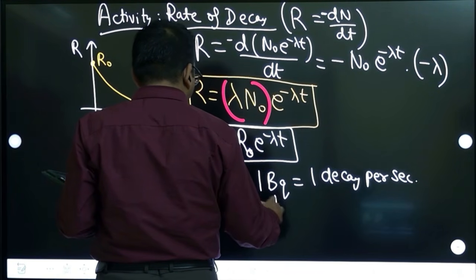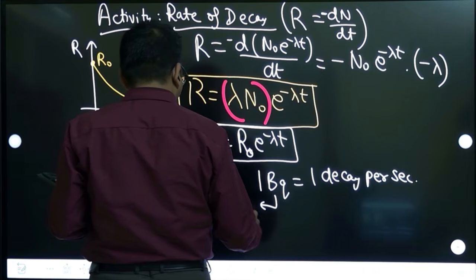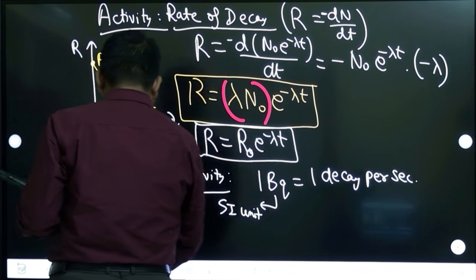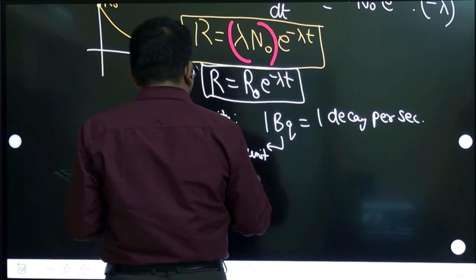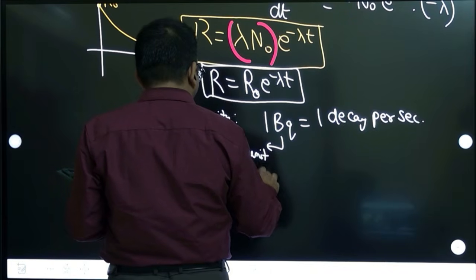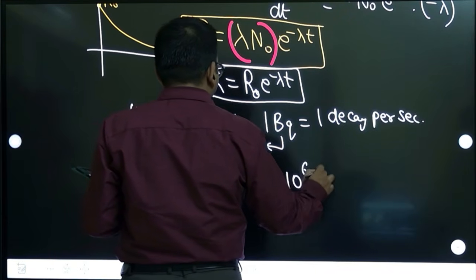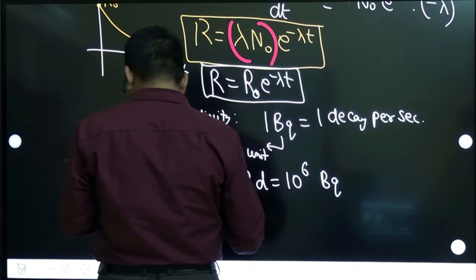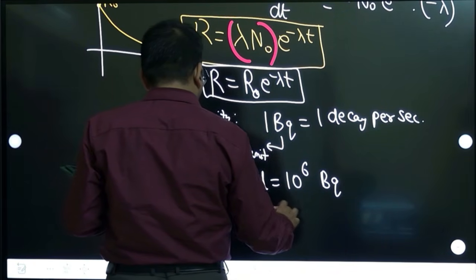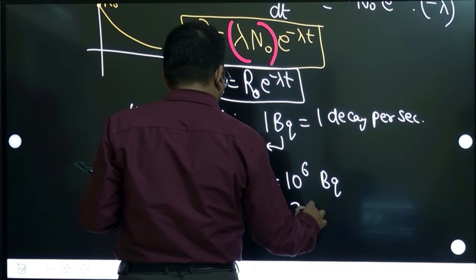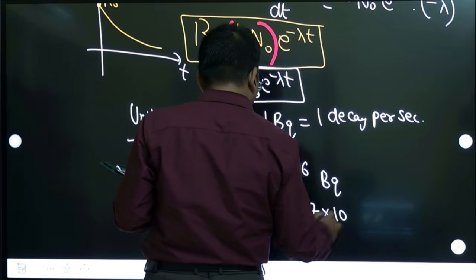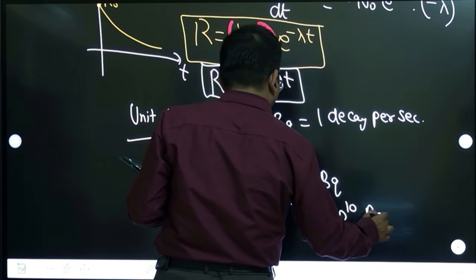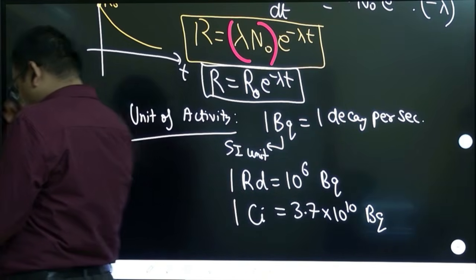But besides this, there are many practical units. What are those practical units? 1 Rutherford is 10 to the power 6 becquerel, and 1 Curie is 3.7 into 10 to the power 10 becquerel. These units we should remember.